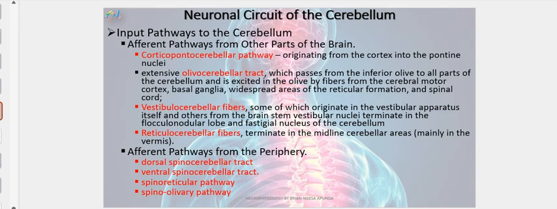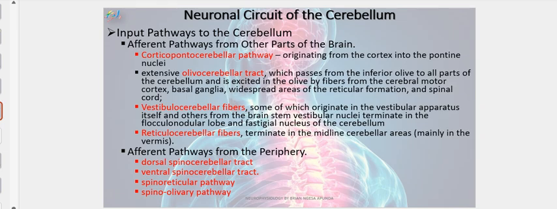Of course, the function of the cerebellum is based on the connections that it has with various parts of the brain. So we can explore, maybe not really exploring, but appreciating some of the neuronal circuits that exist in the cerebellum.